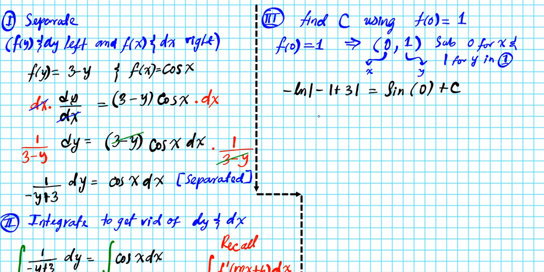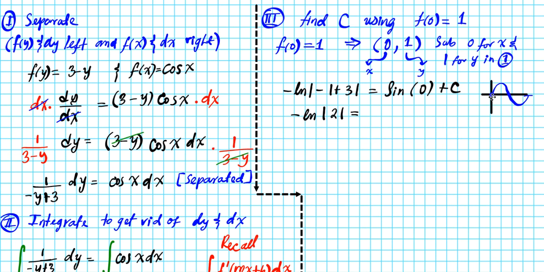Now let's solve for c. On the left side, we have negative natural logarithm of the absolute value of 2 equals sine of 0 plus c. What is sine of 0? If you've forgotten, you can just draw your sine curve to refresh your memory, or you can use a unit circle if you want. We have our nice little sine curve here, like an S. Sine starts from the center, 0, 0.